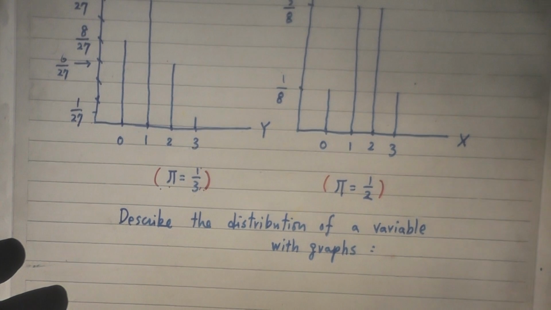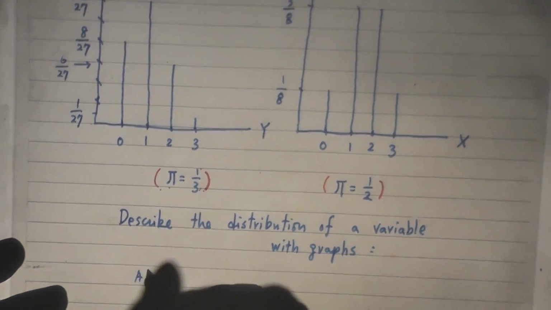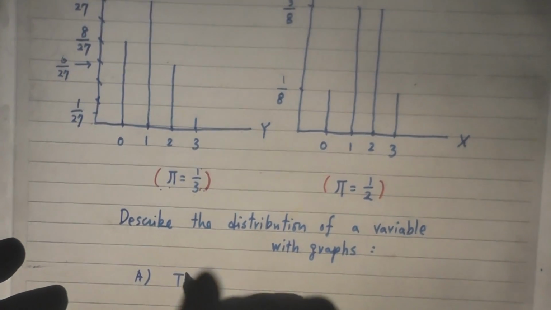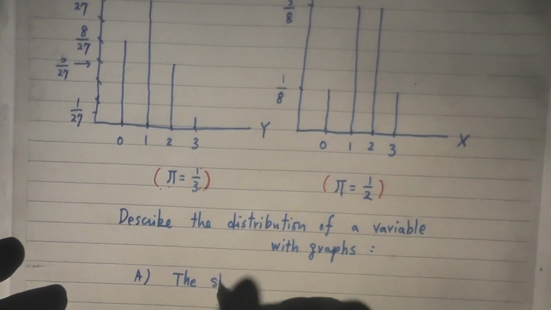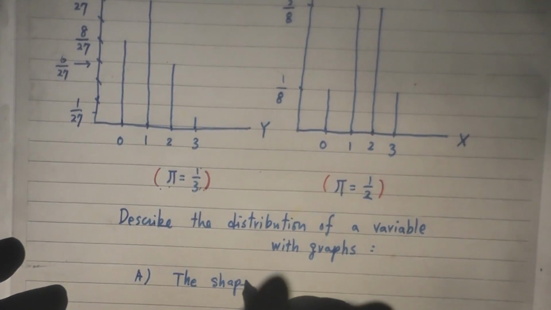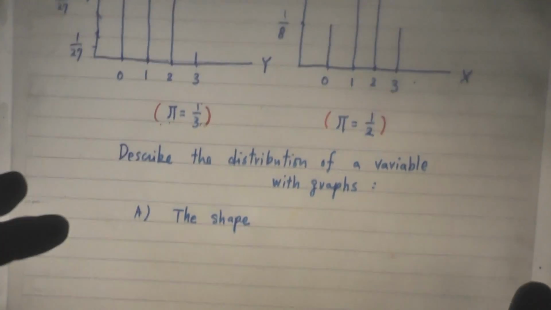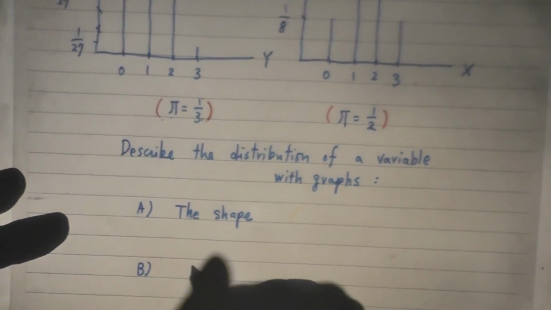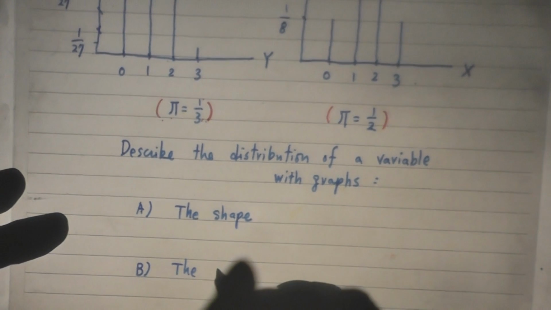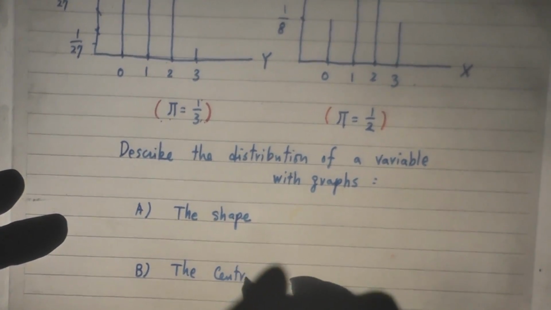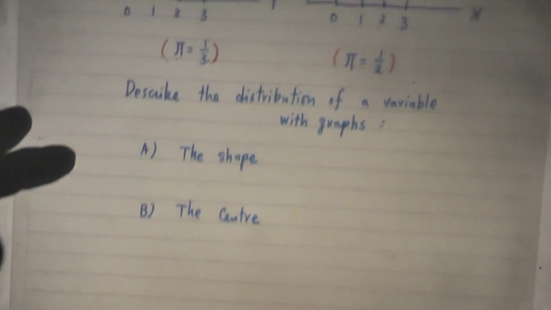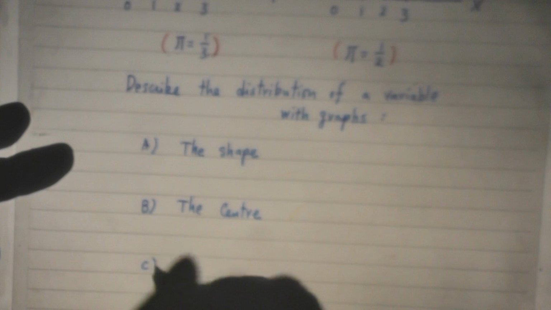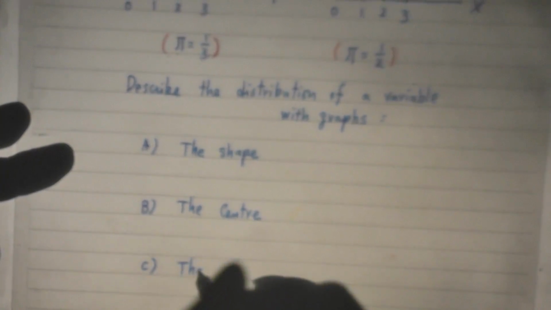We should look at the following. First, the shape of the distribution. Second, the center of the distribution. And the next one, the spread of the distribution.